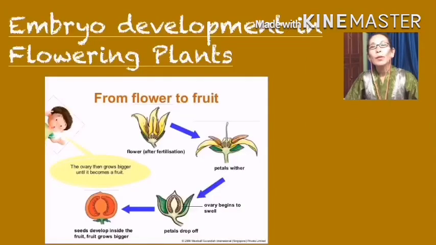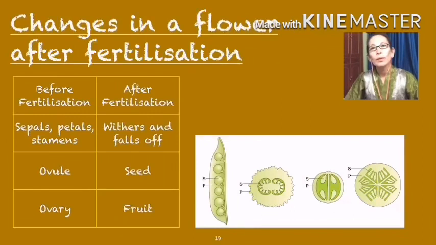So in the flowering plants, after fertilization, several changes occur in the flower. The outer three whorls of a flower, the whorls of the sepals, petals, and the stamens, eventually start withering and fall off.